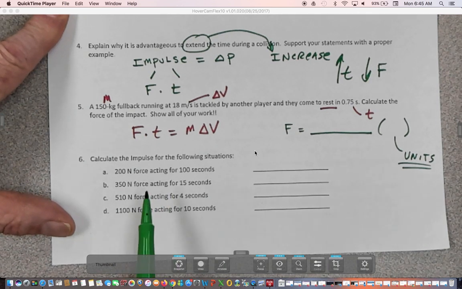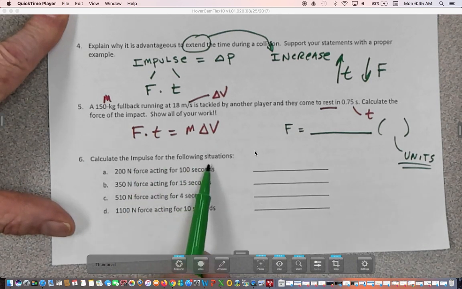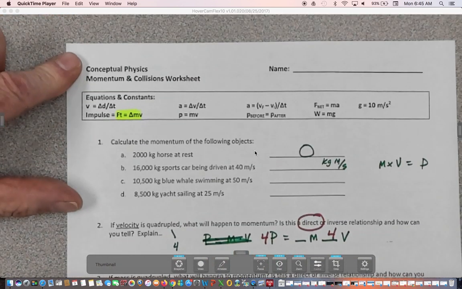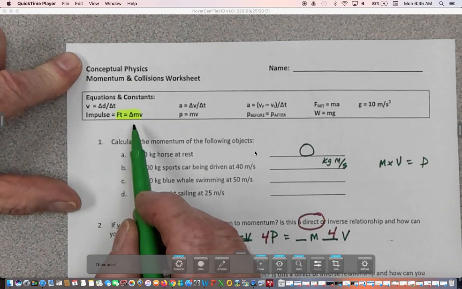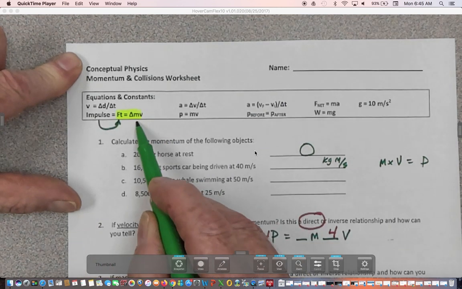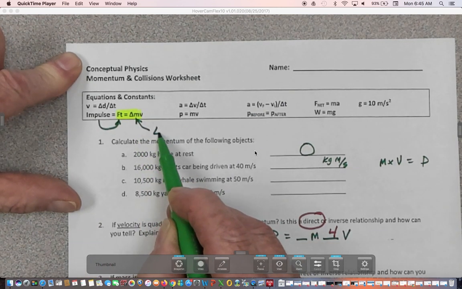Moving on, calculate the impulse for the following situation. Now this, they just want impulse. Impulse, as known up here, is just force times time. That's change in momentum.